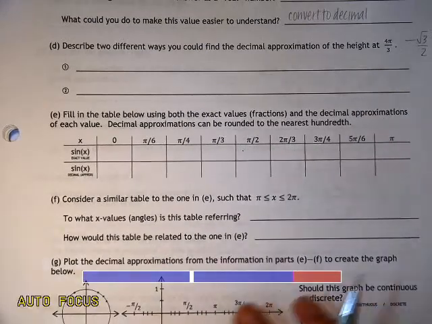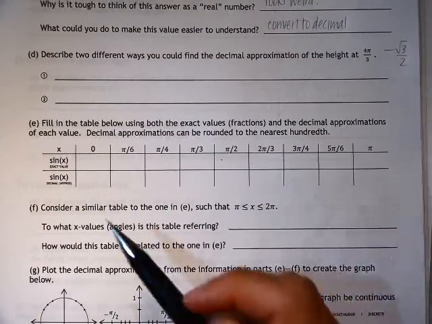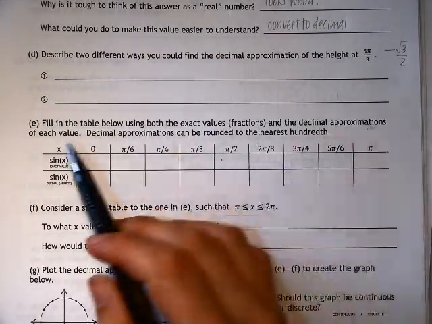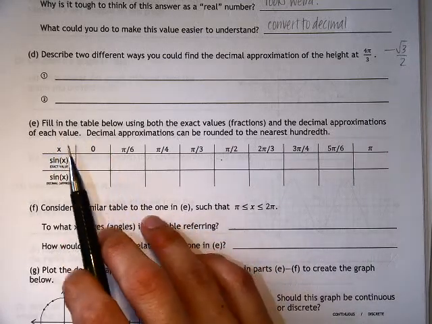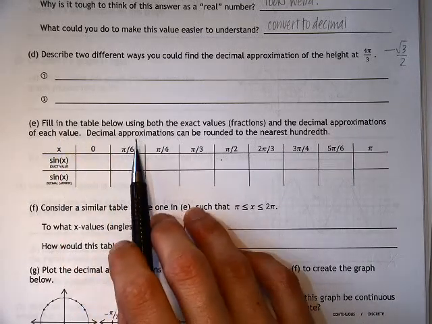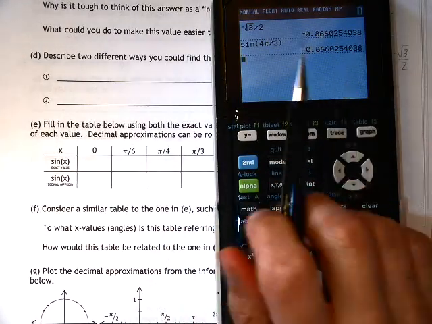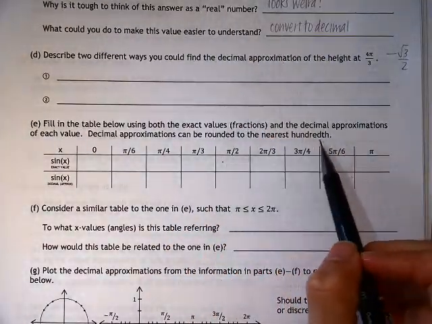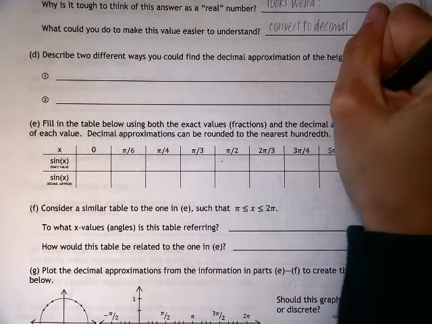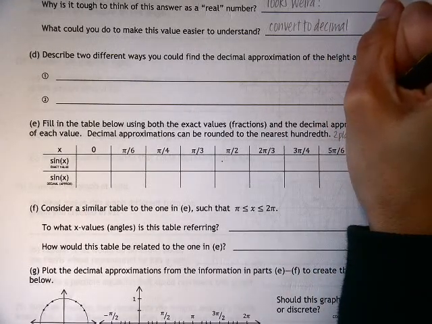Question letter E says fill in this table using both the exact values and the decimal approximations of each of these values. The decimal approximations are usually going to be really big, ugly numbers like the ones that you saw here. So rounding to 2 places, which is the nearest hundredth, is appropriate so you don't have to write big, awful numbers.